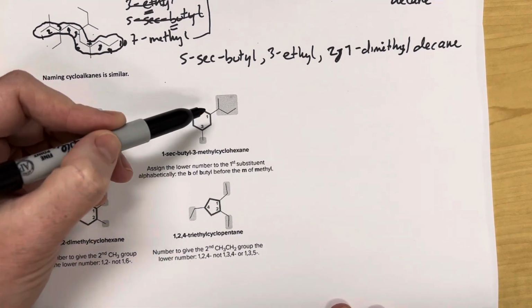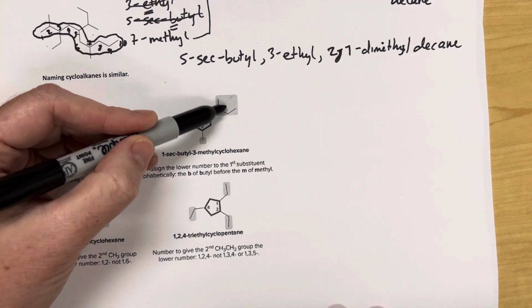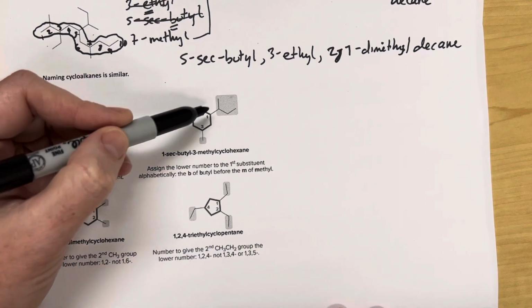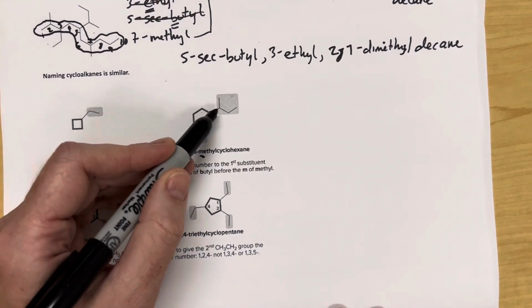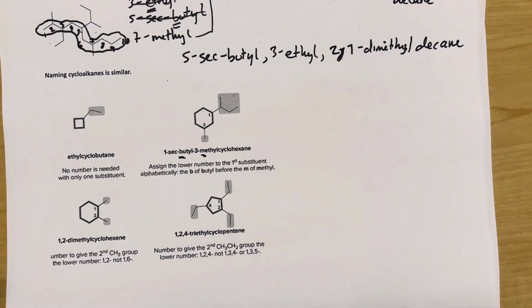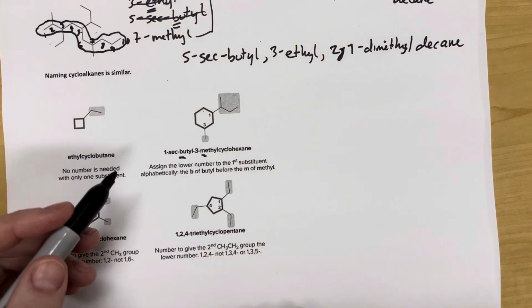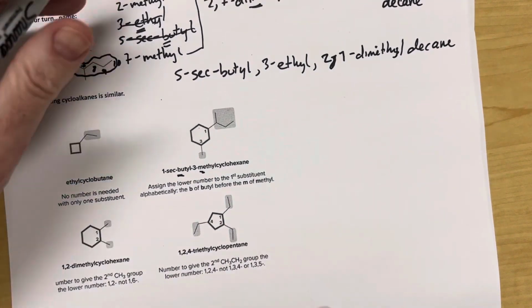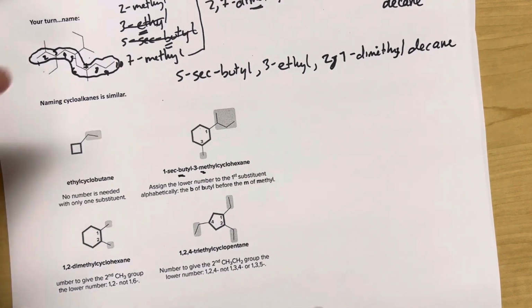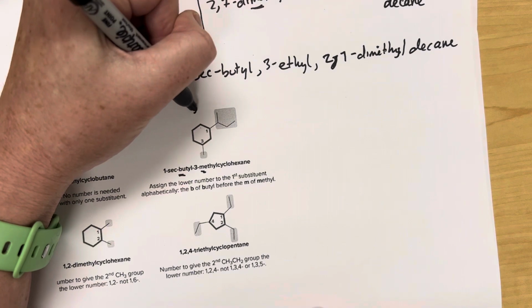So 1, 2, 3, this would have 1 sec-butyl, it's got the 3-methyl, and of course butyl comes first alphabetically, the B comes before the M, and that's why you put 1 sec-butyl. All right. Now, also an important note, and this kind of goes to the example problem I was talking about earlier that I wish I'd had, is this is sec-butyl, right?